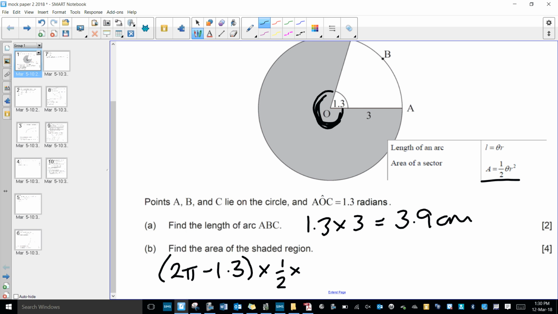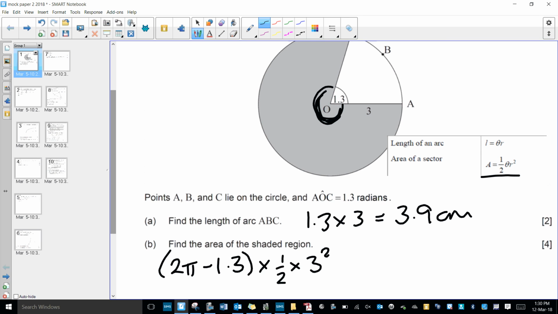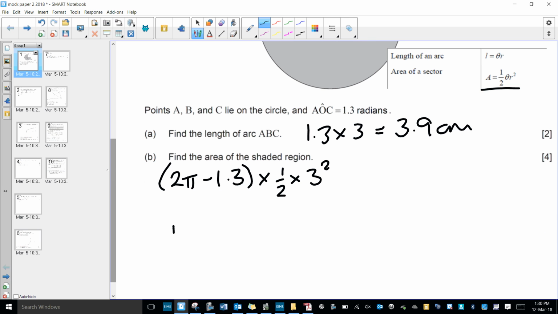Alternatively, you could find the area of the small part, which is this part here, so you would do 1.3 times 1/2 times 3 squared, and you would subtract that from the area of the full circle, which is pi r squared, so we would have pi times 3 squared minus that value there.